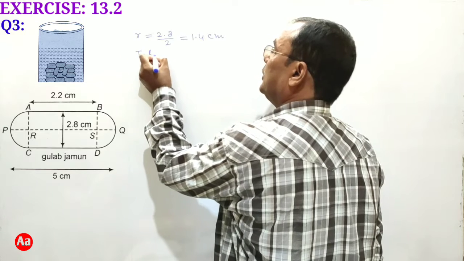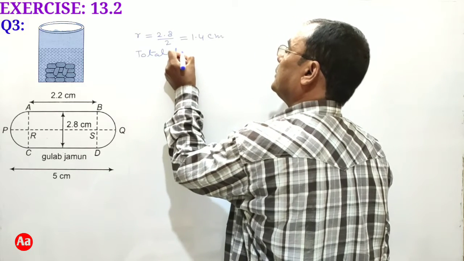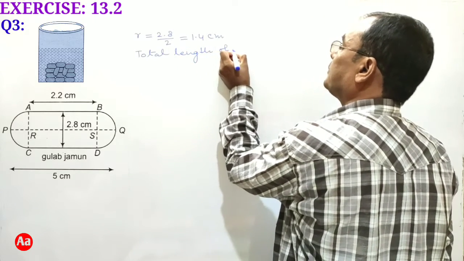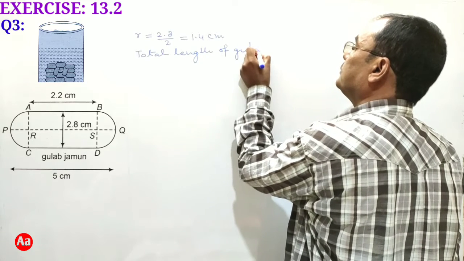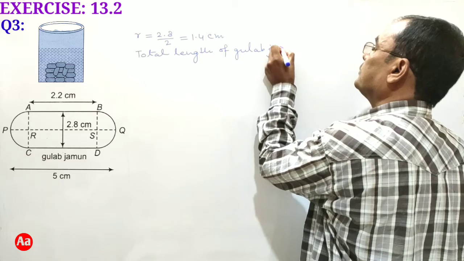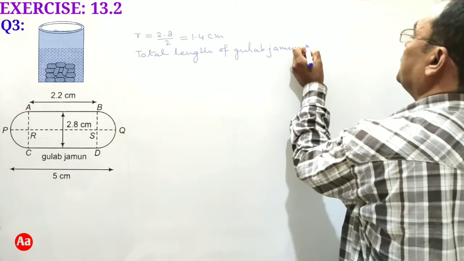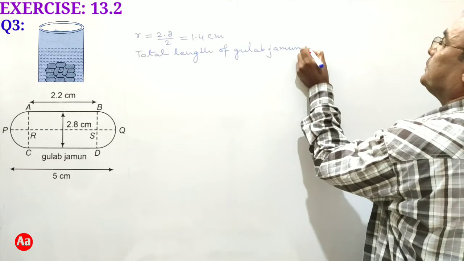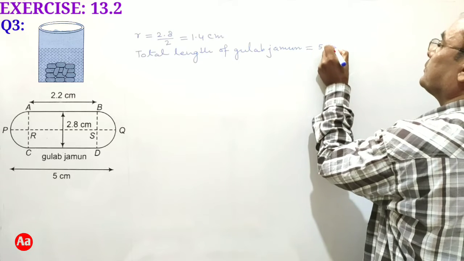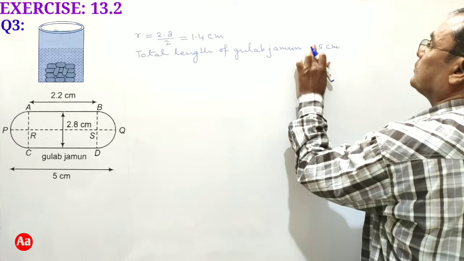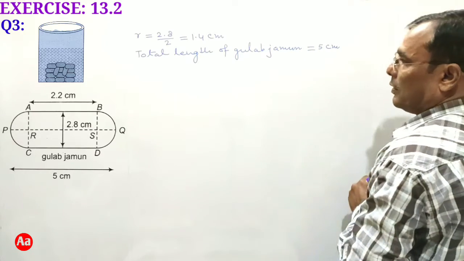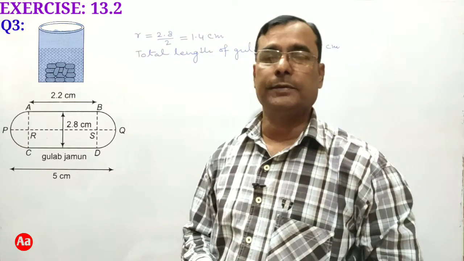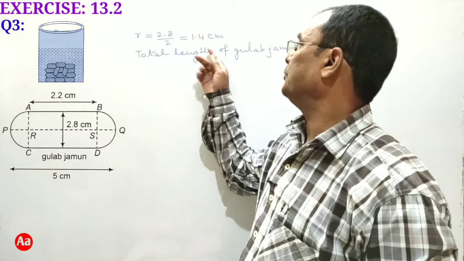And total length of gulab jamun is also given, 5 centimeter. Radii of both the hemispherical ends of the gulab jamun is 1.4 centimeter.